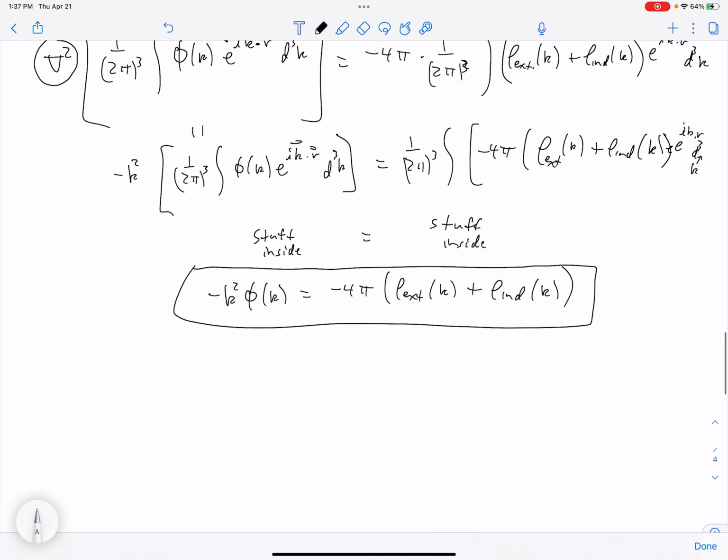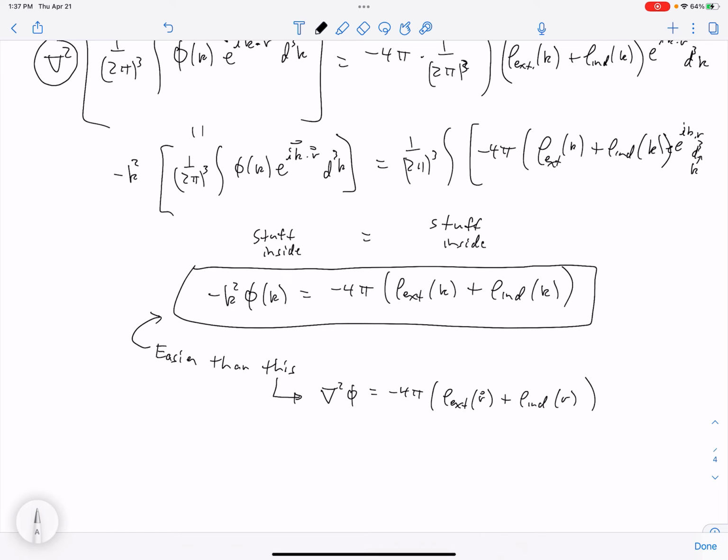So this is really the whole point, that my differential equation becomes really simple, and so this is easier than this. This is what we started with: del squared phi is equal to negative 4 pi, rho external of r plus rho induced of r.